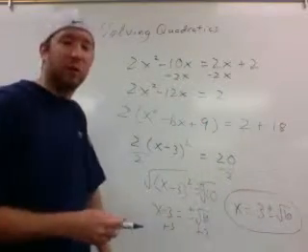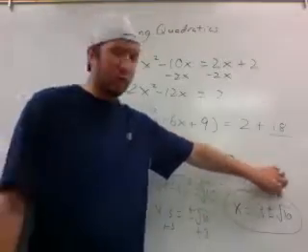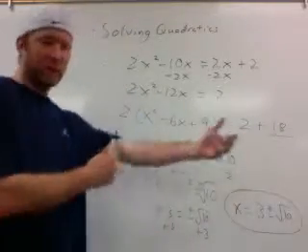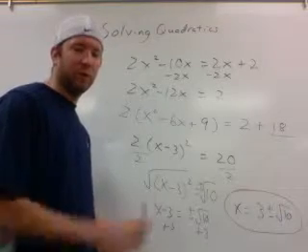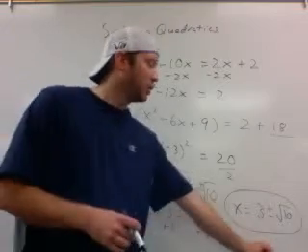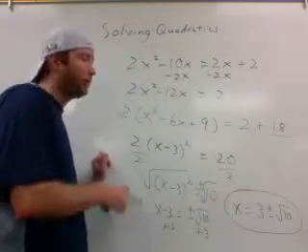And those are your answers for this problem. The answers are either 3 plus the square root of 10 or 3 minus the square root of 10. If you want to write them as 2 separate ones, you can. I'm more than fine leaving them as 3 plus or minus the square root of 10. So that's how I go about solving this using completing the square.